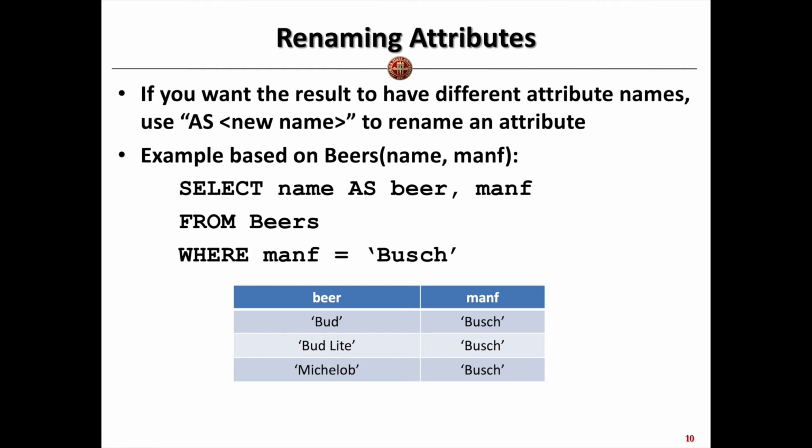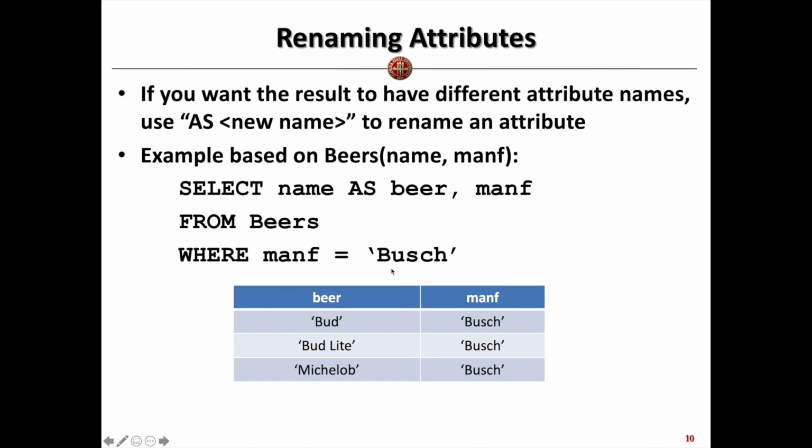In other words, we can rewrite the SQL query we showed before as select name as beer, manufacturer from beers where manufacturer equals Bush. This means we change the name to beer in the result, and we select two attributes, both the beer name and the manufacturer.